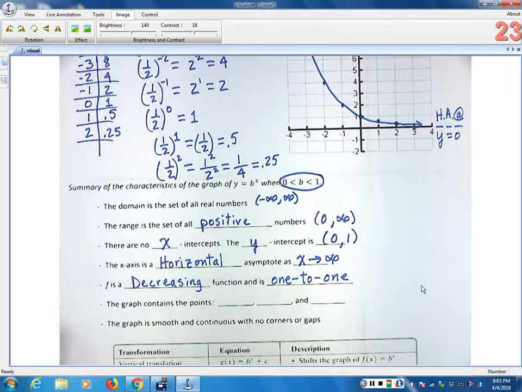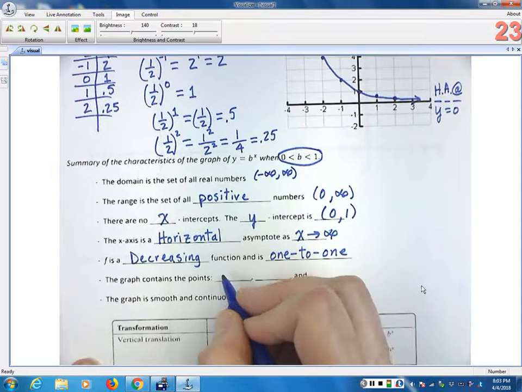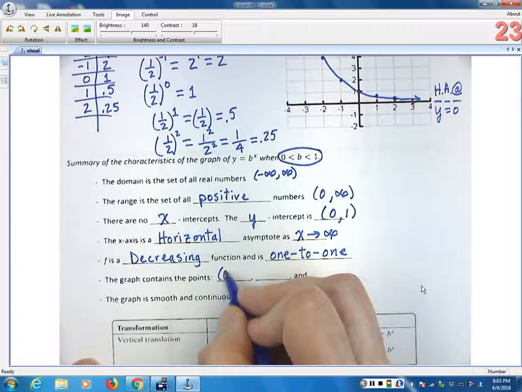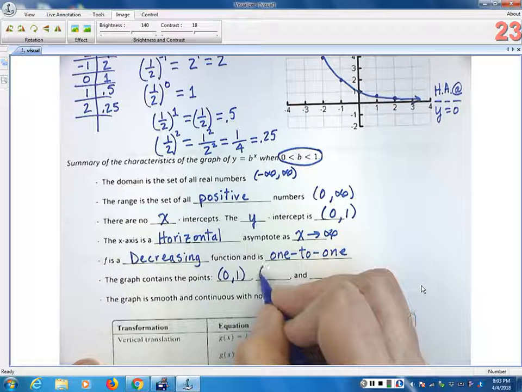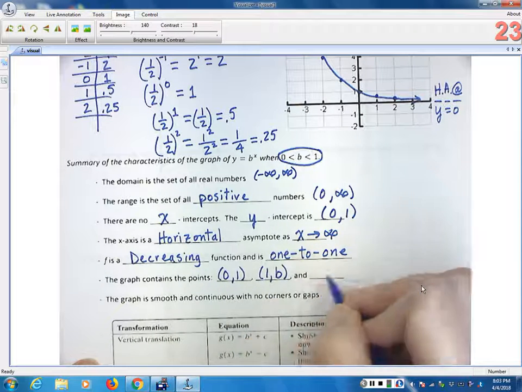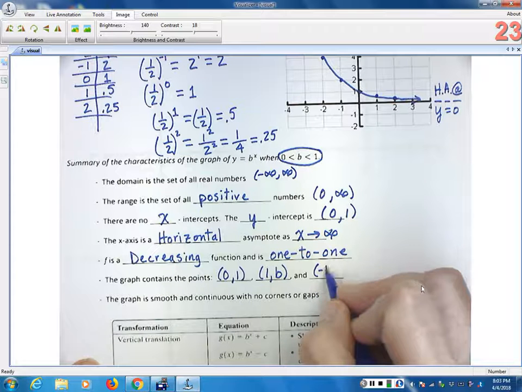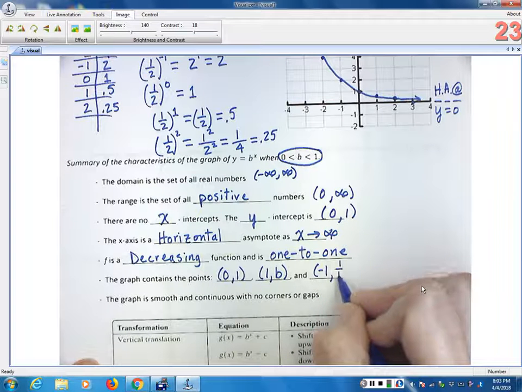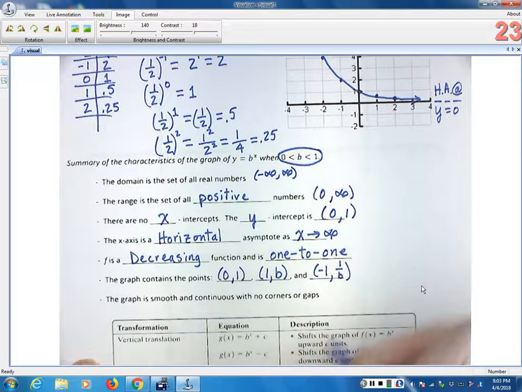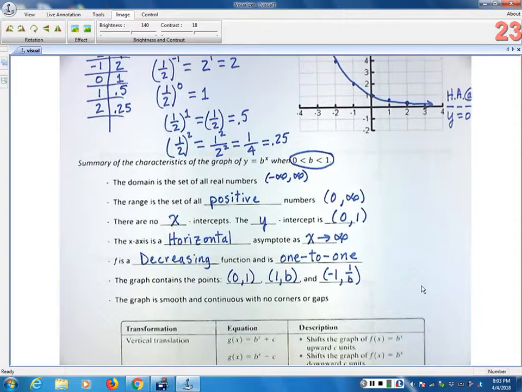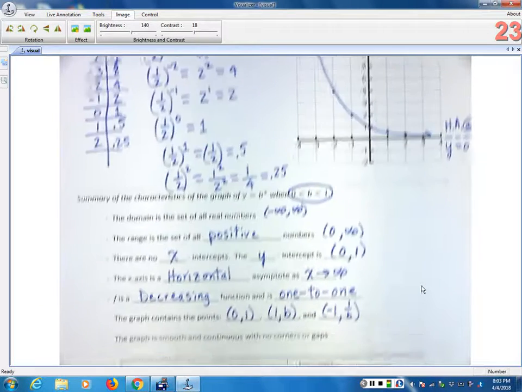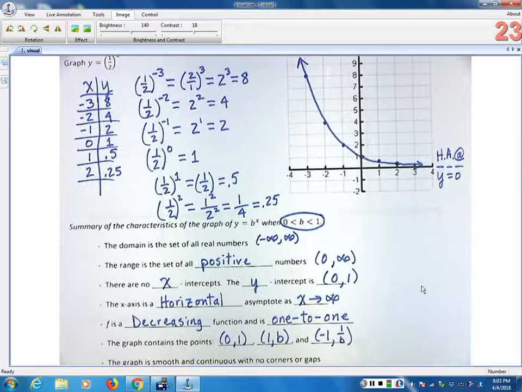The graph contains the points, same as the previous page, 0, 1, 1, b, and -1, comma, the reciprocal. And the graph is smooth and continuous with no corners and gaps. So that's the exponential function. You should be able to graph one, graph it nicely.